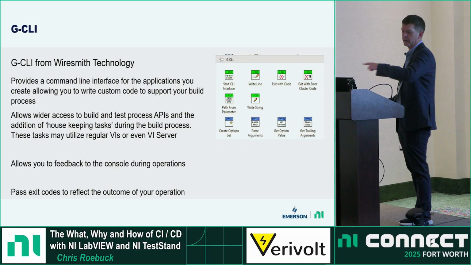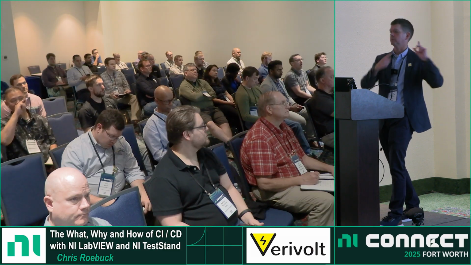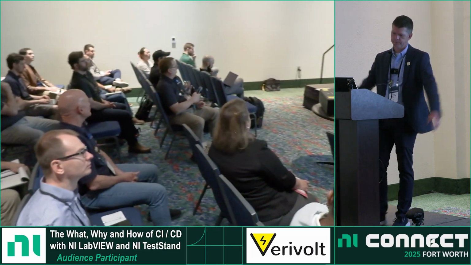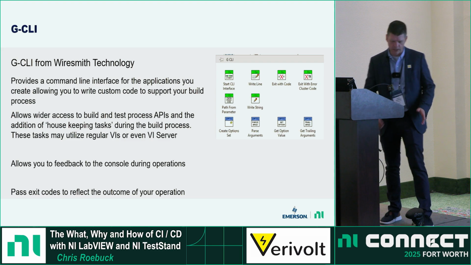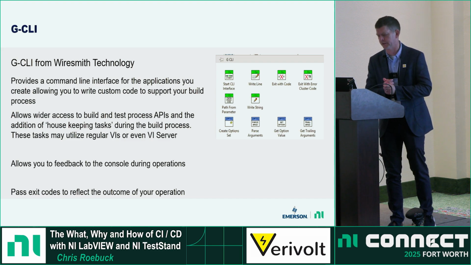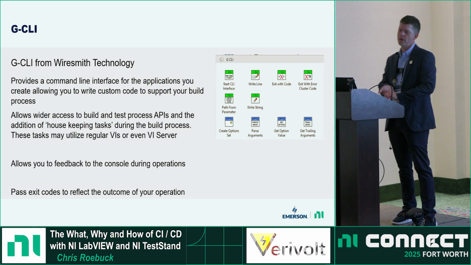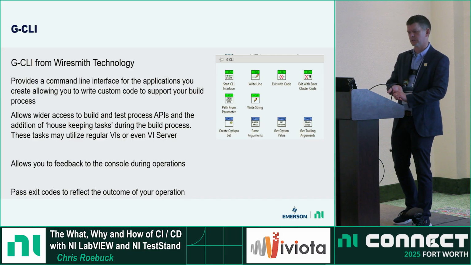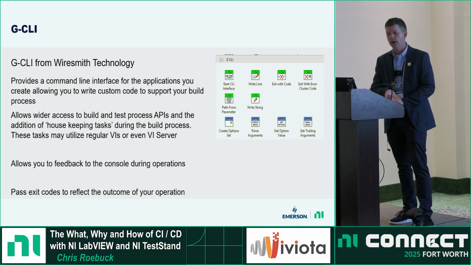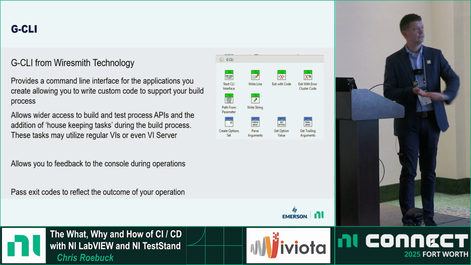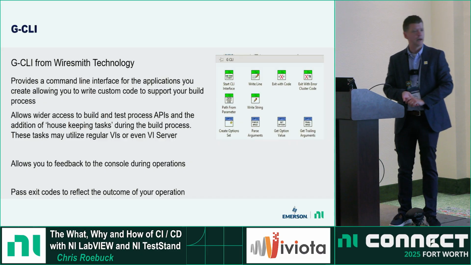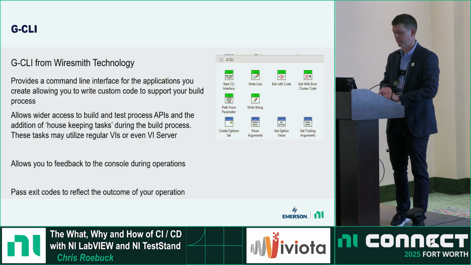Actually, what I do, and Sam, do you do this? Okay, cool. Yeah, GCLI. Okay, so a friend of mine, James McNally, Wiresmith Technology in the UK, built an amazing tool, I'm going to say 13 years ago, called GCLI, a series of API methods. They're on the palette.